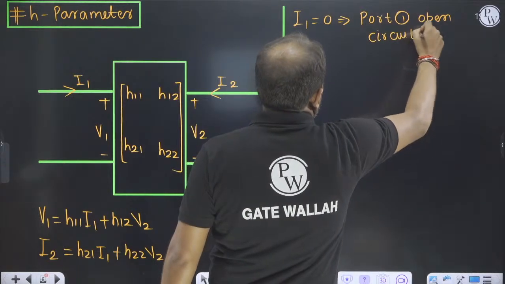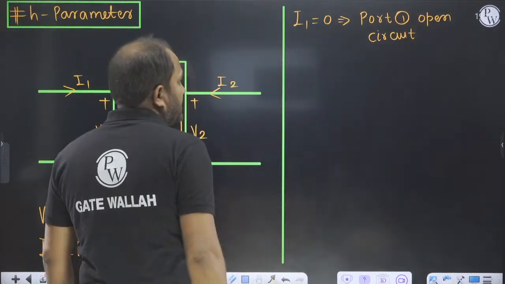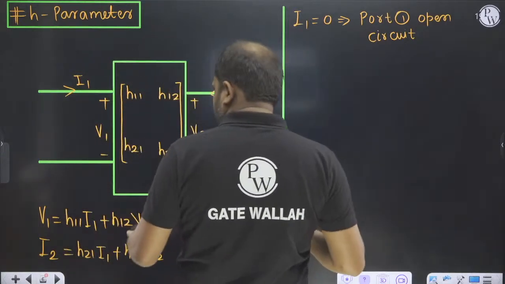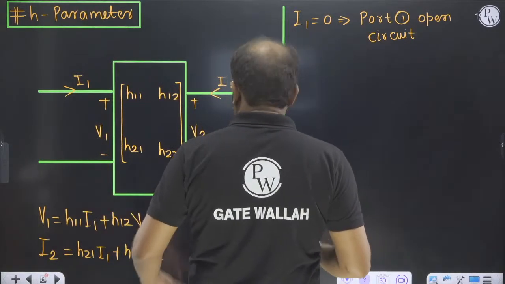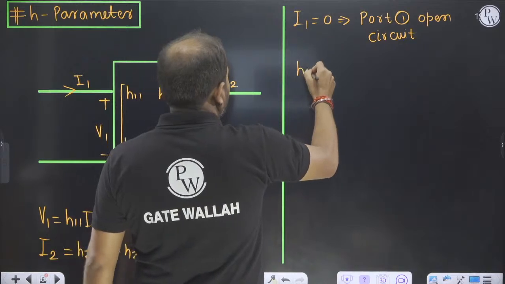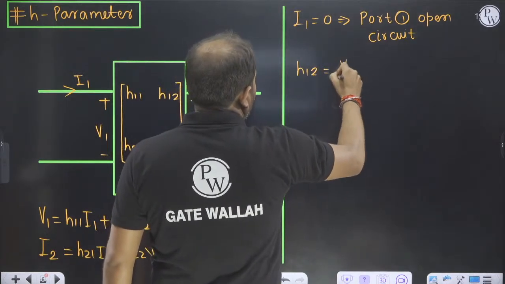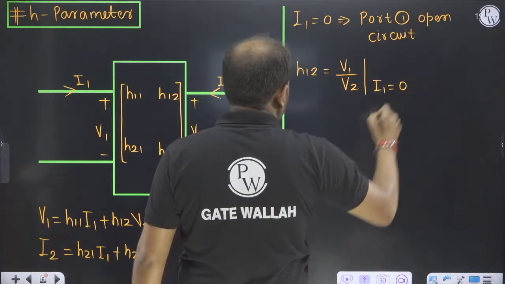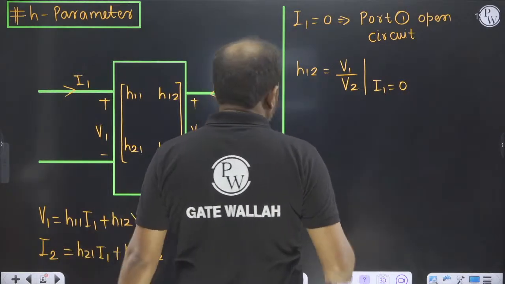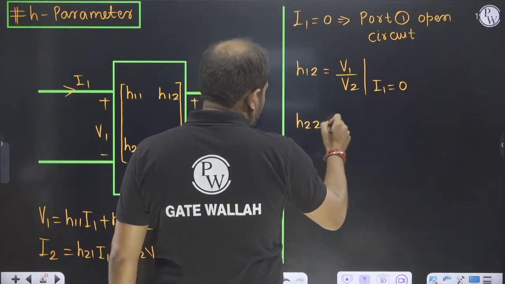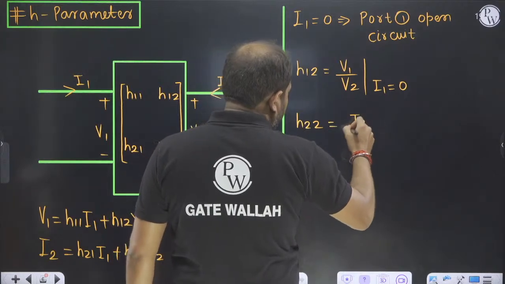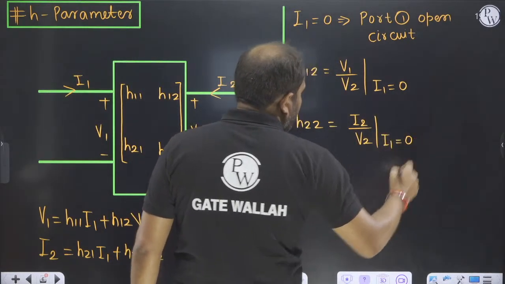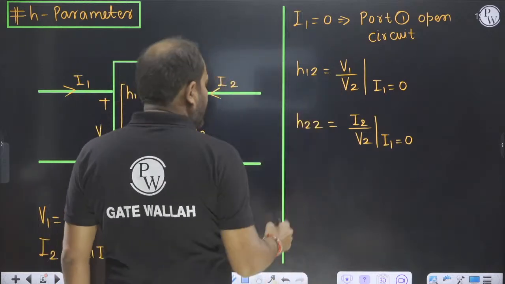If I1 is 0, then H12 is nothing but V1 by V2 with I1 equal to 0, and H22 is I2 by V2 when I1 is equal to 0. This one is a voltage ratio.